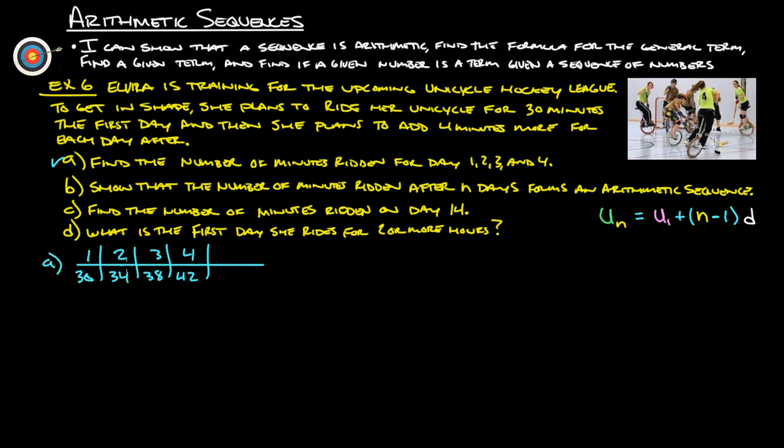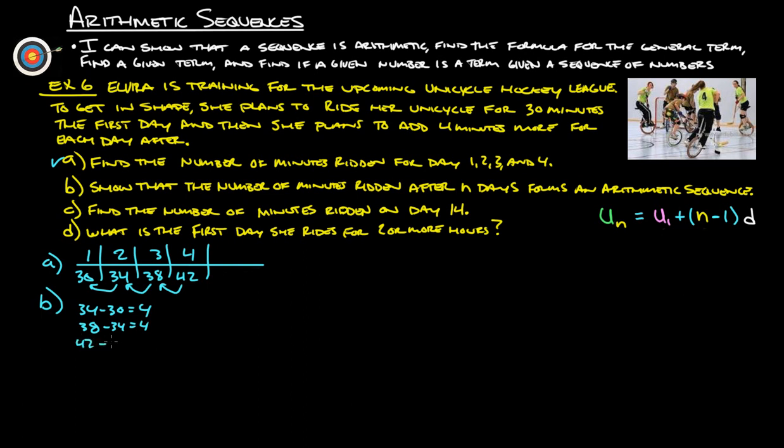B, show that the number of minutes ridden after n days forms an arithmetic sequence. Really what we can do here is what we've done in the other ones: to show that it's an arithmetic sequence, subtract successive terms. So 34 minus 30 gives us 4. 38 minus 34 gives us 4.